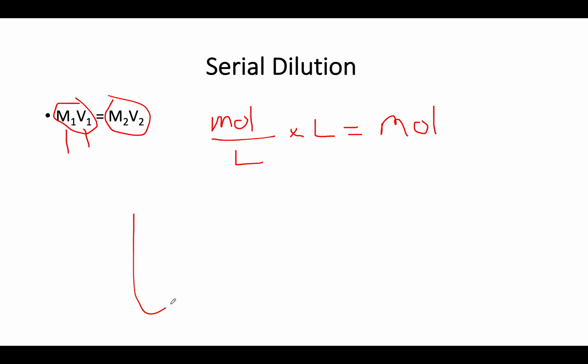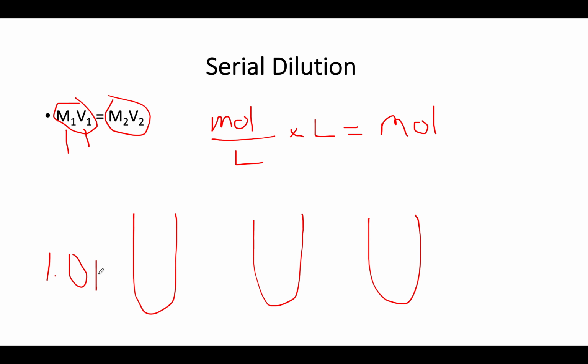So what it would look like if you were doing this in lab is, I'm just going to do a series of 3 just to show what we're doing. And let's call this a very basic 1 molar solution we're going to start with. So of course we'd start with the mass that we'd weighed out and put it in, and then we'd add the solvent, and we'd make a solution that's 1 molar.